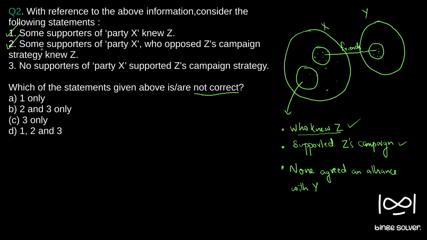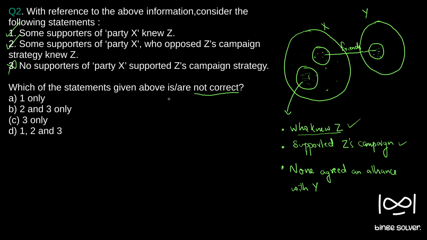So that is true. Now when you take up the third option, no supporters of party X supported Z's campaign strategy: if you assume that there are people who knew Z and supported Z's campaign among the supporters of X, that is, in this group, then if there is even one person in this group, the statement is false. So option 3 is false.